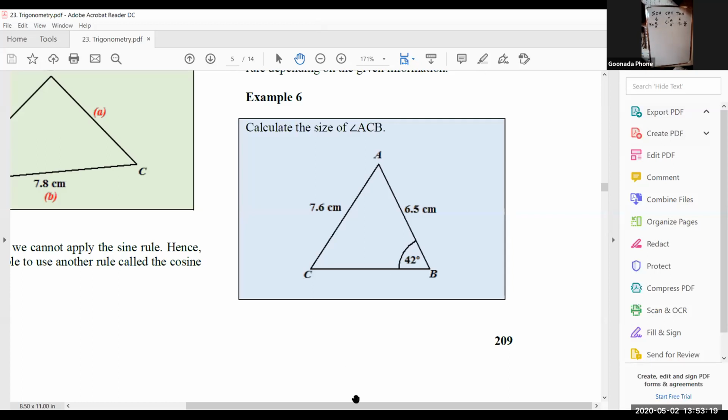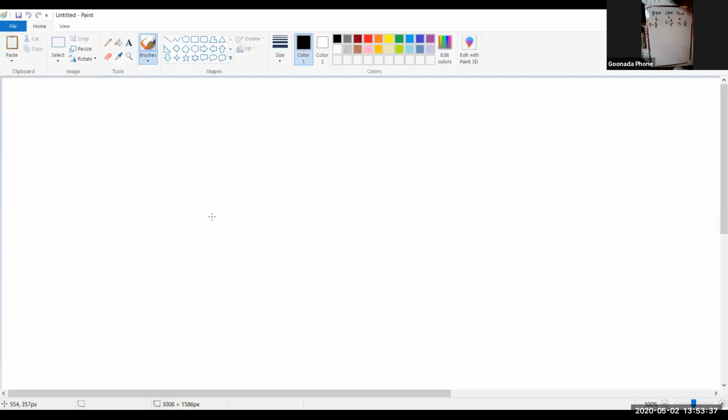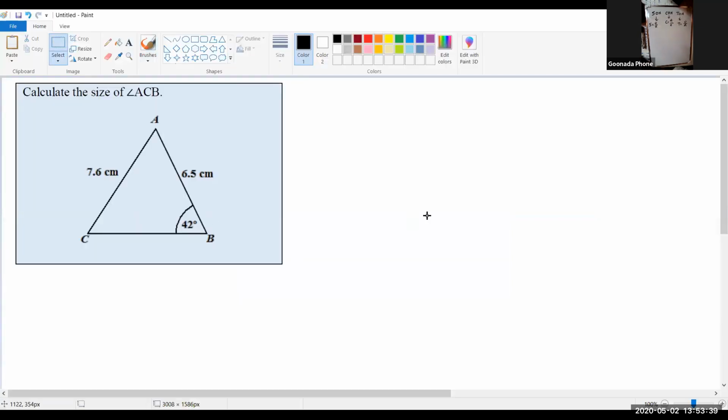So let's see. Let me just open this on Microsoft Paint. Okay. Everybody's seeing this here, right? Yes, no feedback would be nice from you guys. All right.